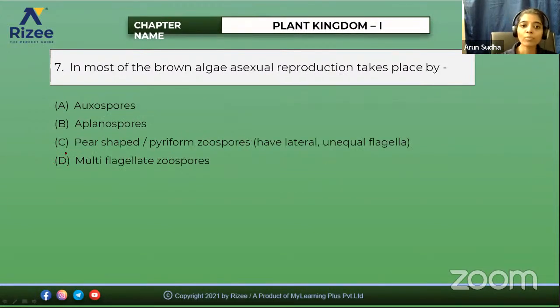In most brown algae, asexual reproduction takes place by zoospores: oval-shaped, aplanospores, pear-shaped pyriform zoospores with lateral unequal flagella, or multiflagellate zoospores. So what is the correct option?